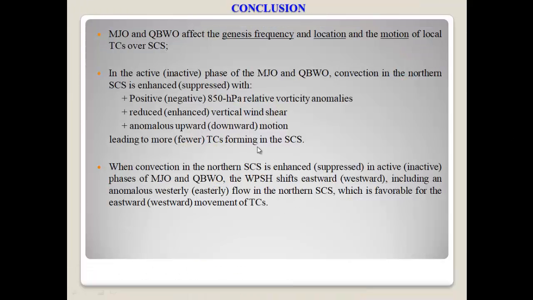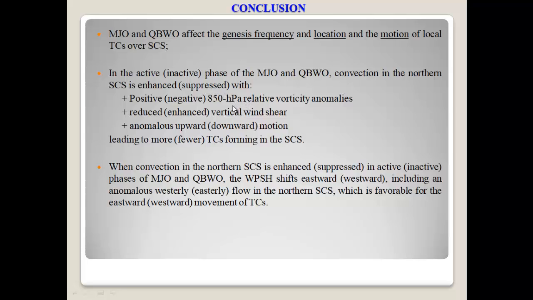In conclusion, we have some main points. First, we confirm that MJO and QBWO can affect some TC characteristics, such as TC genesis frequency, location, and motion of local TCs over the South China Sea. In the active phase of MJO and QBWO, there are more TCs generated.